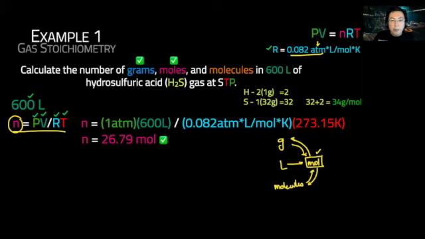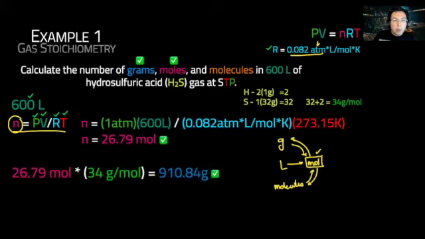For that, we will be needing the molar mass of hydrosulfuric acid. So we do the math of this, and we will get a total of 34 grams per mole, right over here.